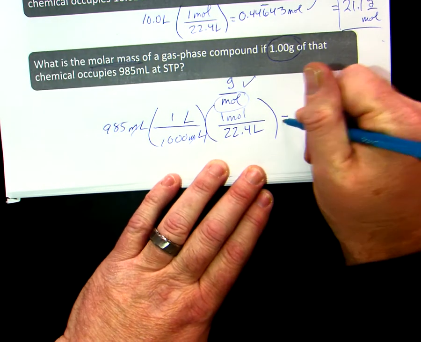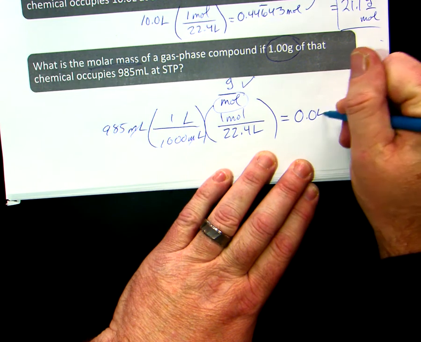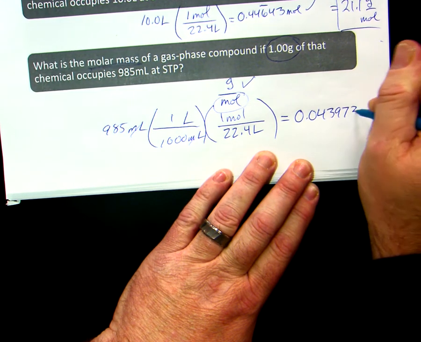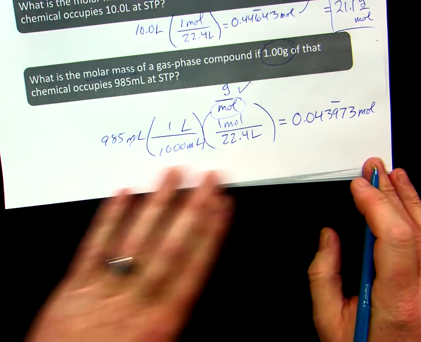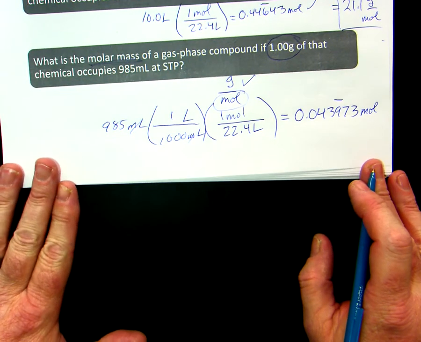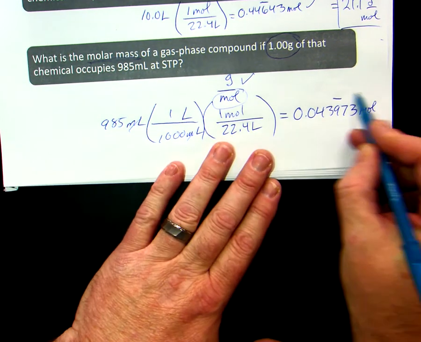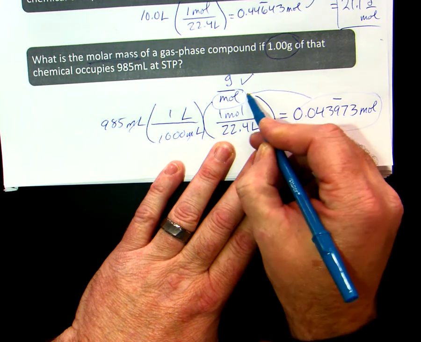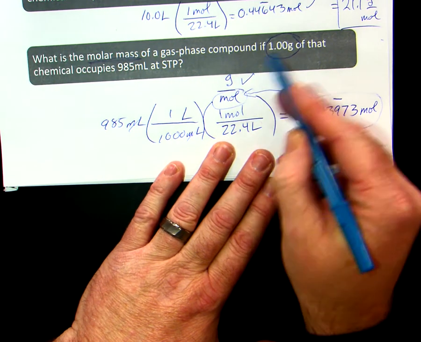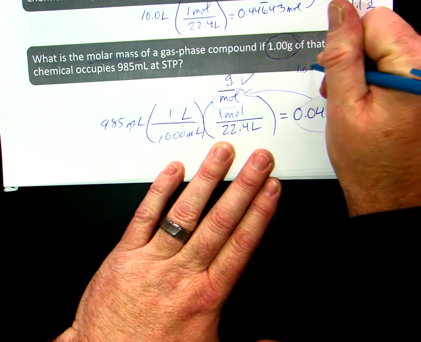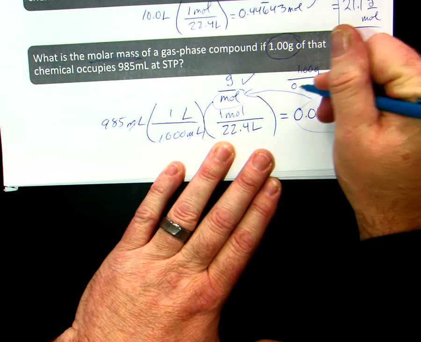So when I do this, I will get 0.043973 moles of the unknown gas, good to that 9 for sig figs. So once I know the moles of the compound, I have solved for the denominator. So I take my 1 gram, put it in the numerator, and I divide it by these moles.